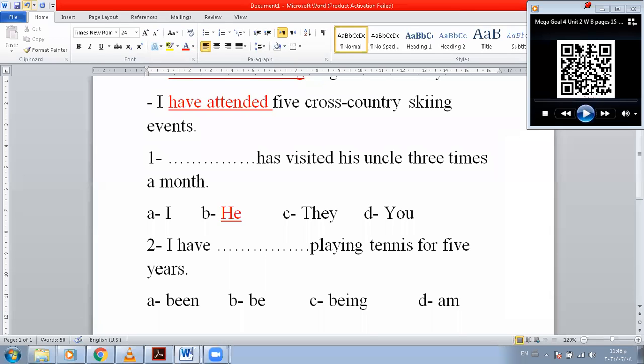What is the right answer here? Been, B, being, am.